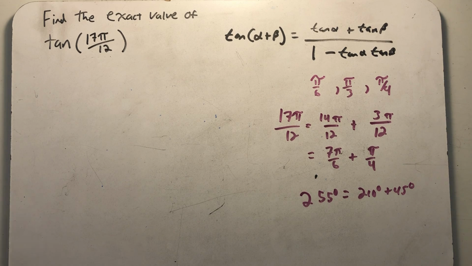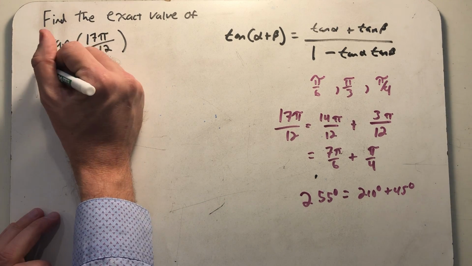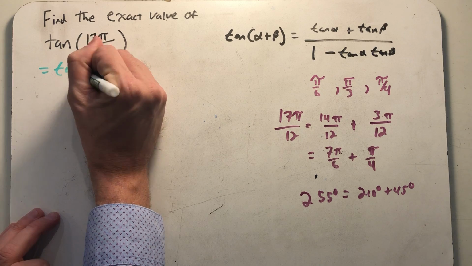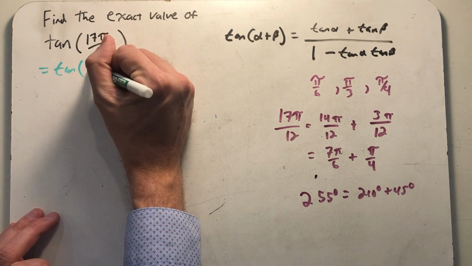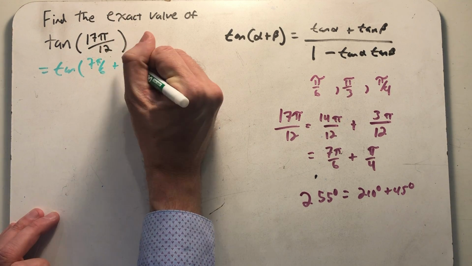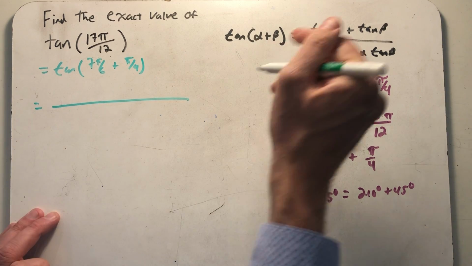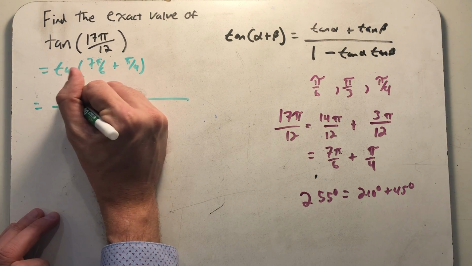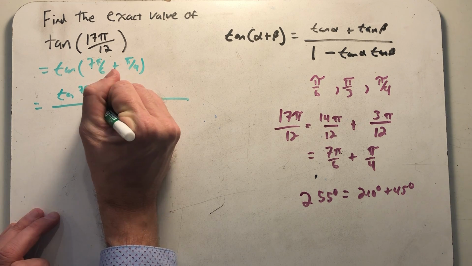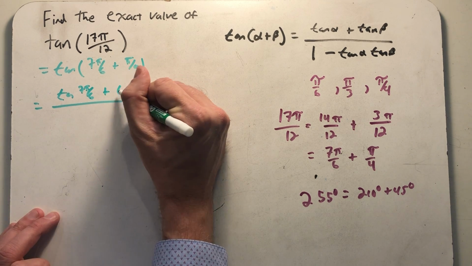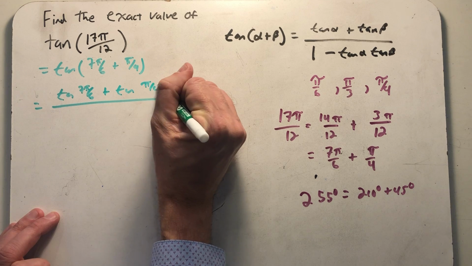All right, well, I'm ready to apply my sum formula for tangent. So tangent of 17 pi twelfths, well, that's 7 pi over 6 plus pi over 4 on the inside of that tangent. And now I can use my addition formula. So it's tangent of the first angle, 7 pi over 6, plus tangent of the second angle, pi over 4.